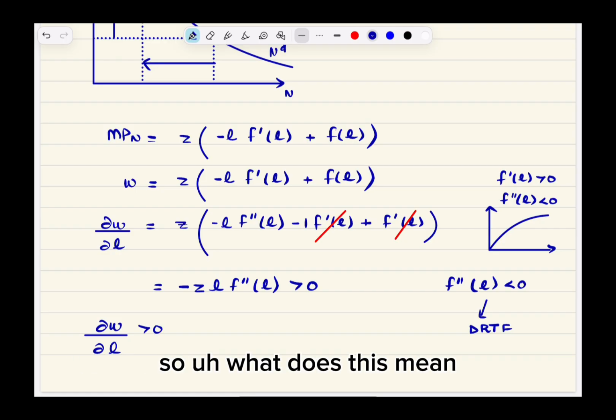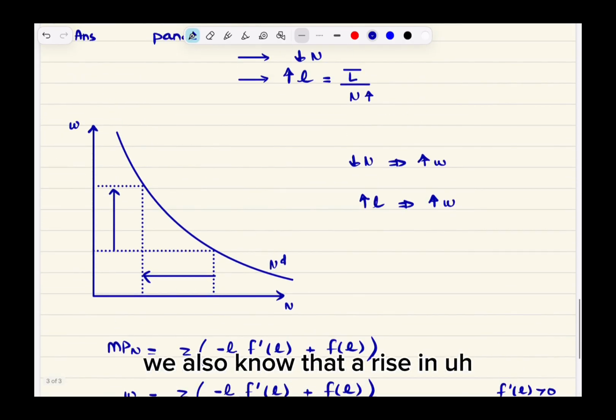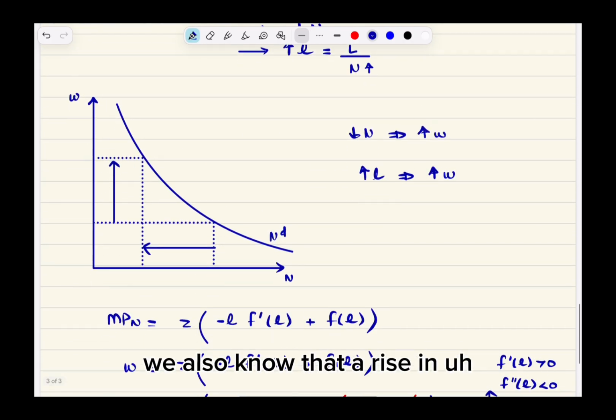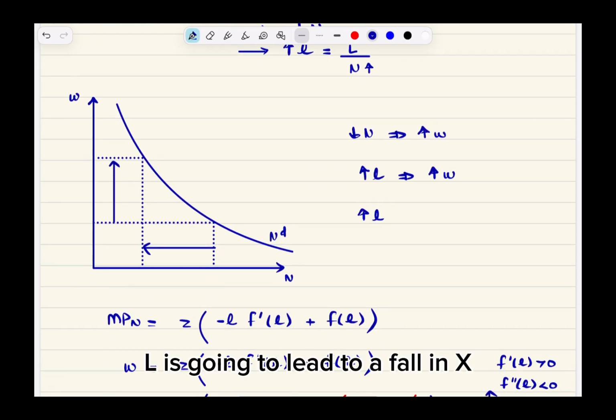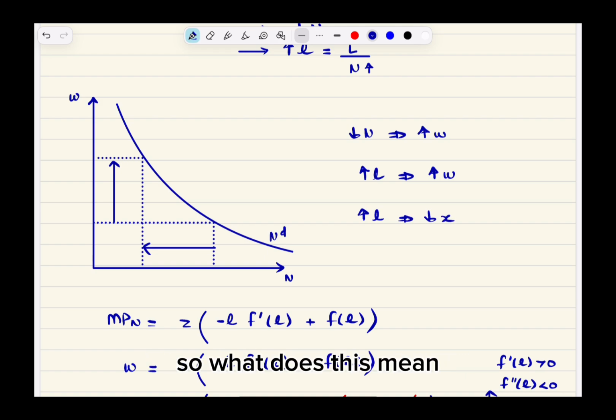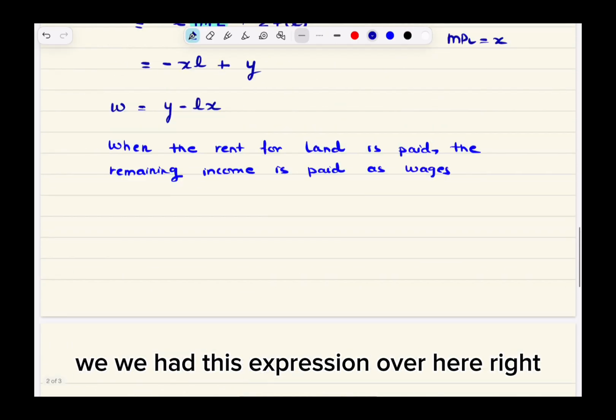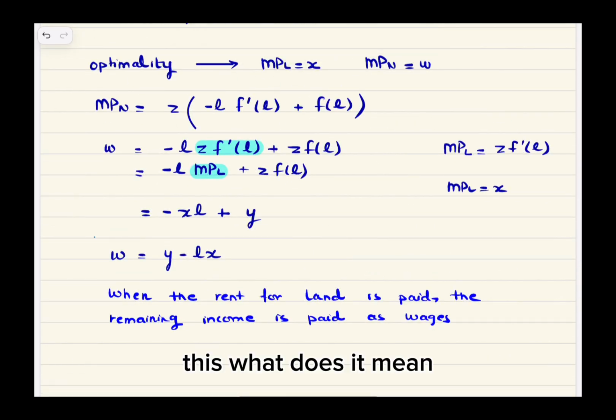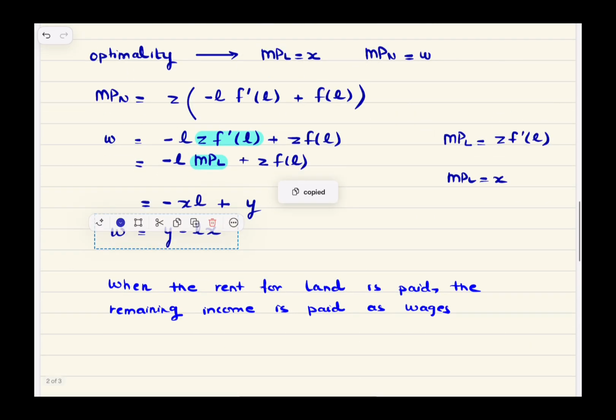So what does this mean? We also know that a rise in L is going to lead to a fall in X as previously encountered. So what does this mean? We had this expression over here, right? What does it mean?